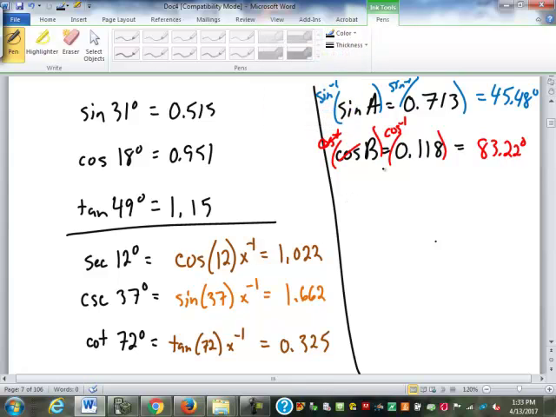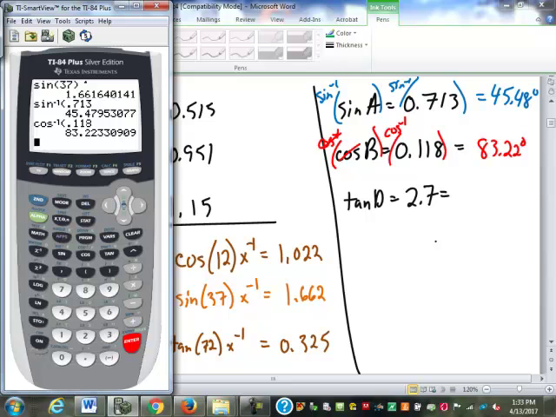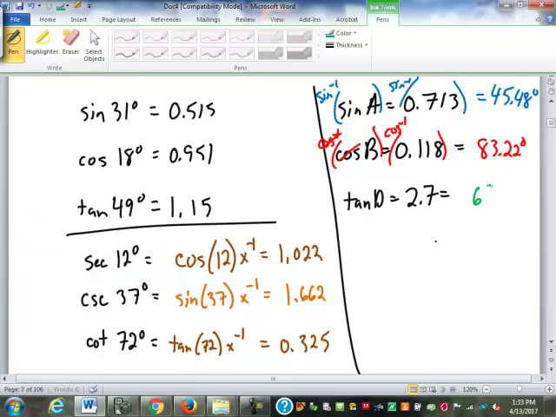Any questions so far? Tate, you're working good? Good? Perfect. If I tell you that tangent of D is 2.7, how do I find D? Inverse tangent. So second tangent 2.7, 69.68.